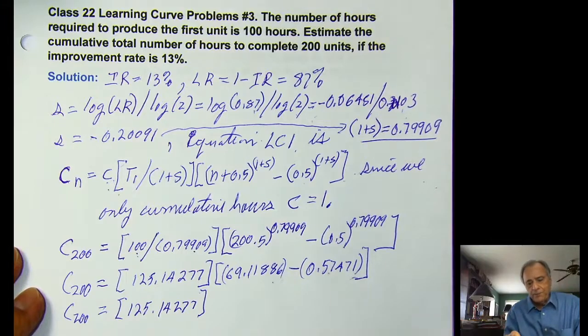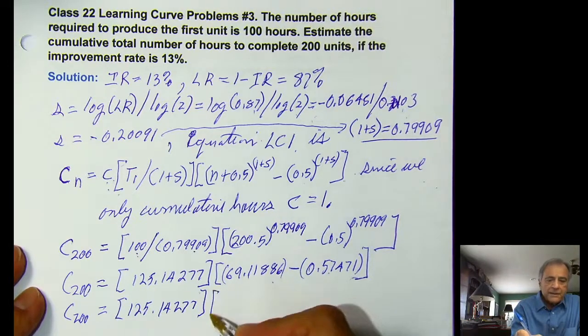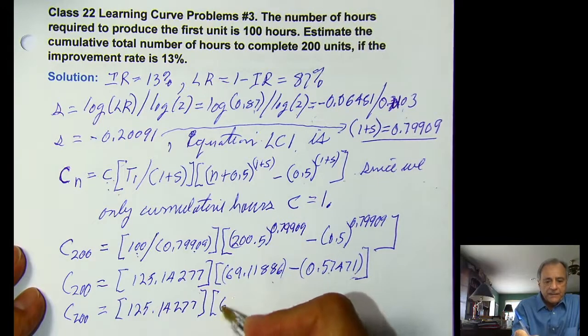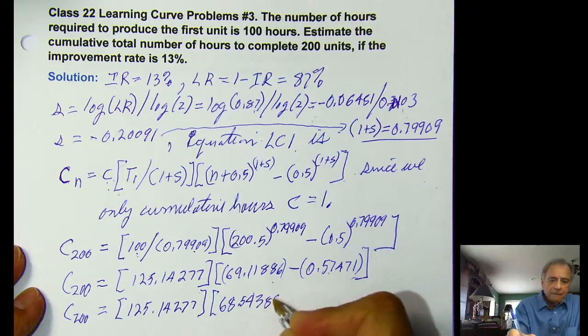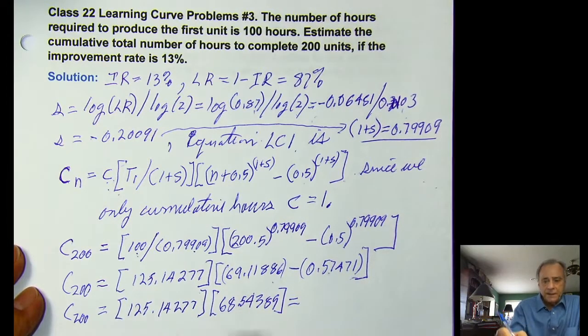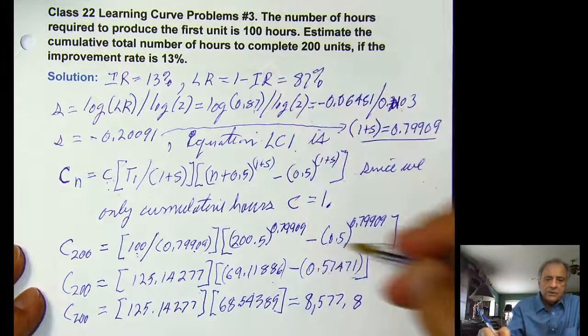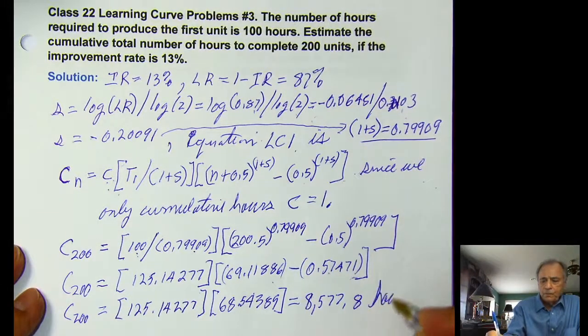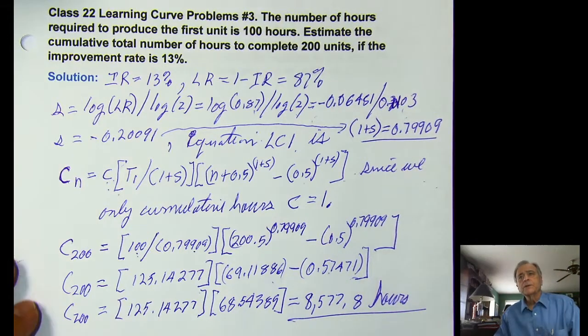You can see 0.57 from 69 basically leaves me with 68.54389, and then when I do that multiplication, I get 8,577.8, and all of this is hours. So that's my solution to this.